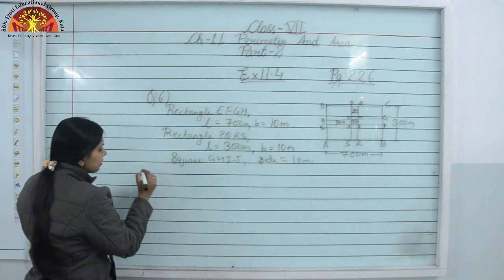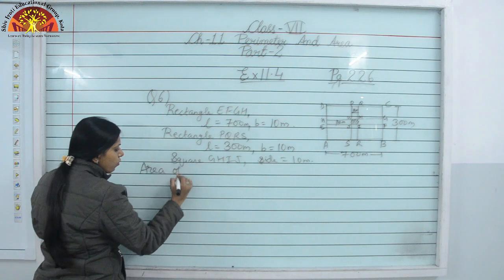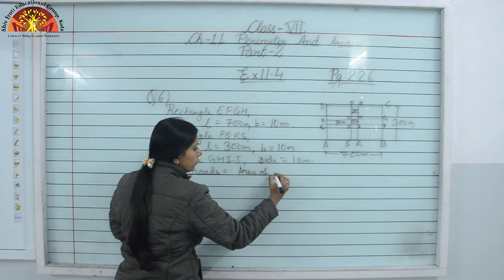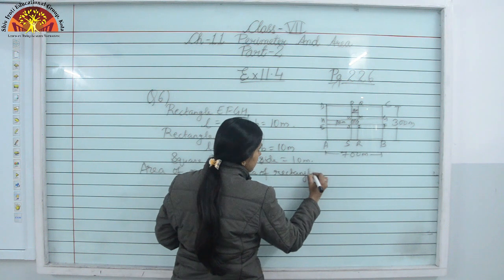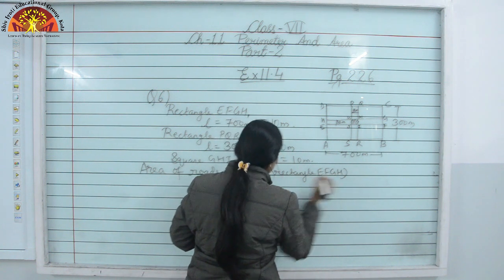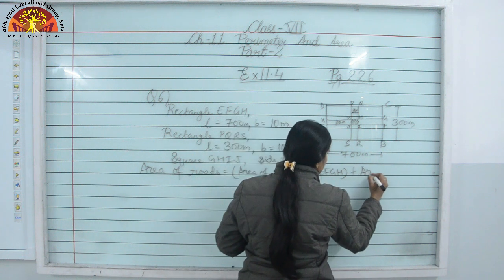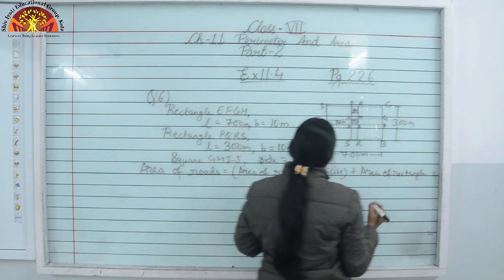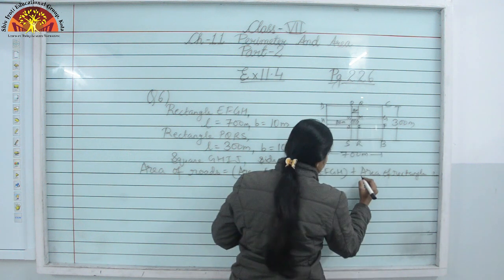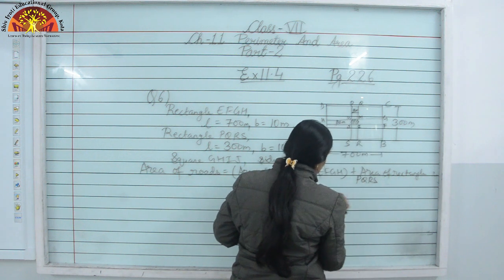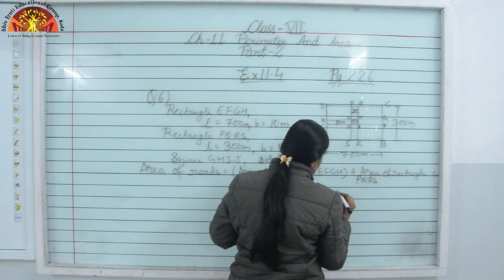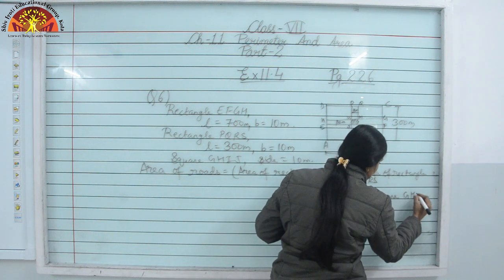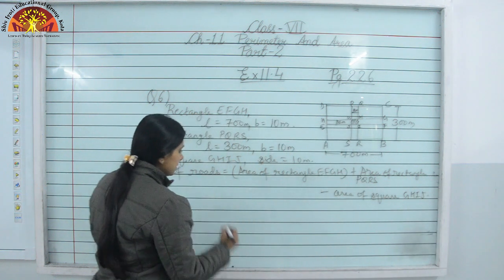So we can just write it here, area of roads is equal to area of rectangle EFGH plus area of rectangle PQRS minus area of square GHIJ. Okay, now we'll just substitute the values.